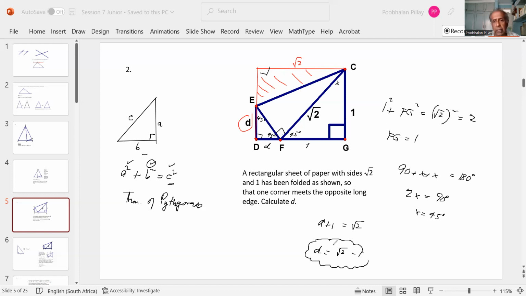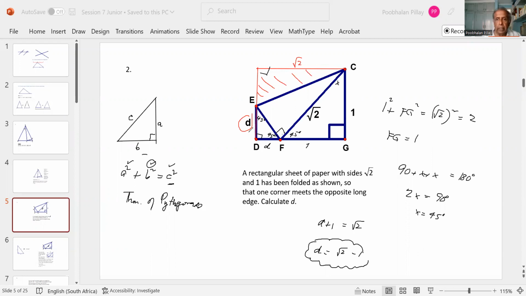Okay, so I did a lot of talking, and as I promised you that I'll give you the full statement, the way you write this thing down, so the answer we got is square root of 2 minus 1.